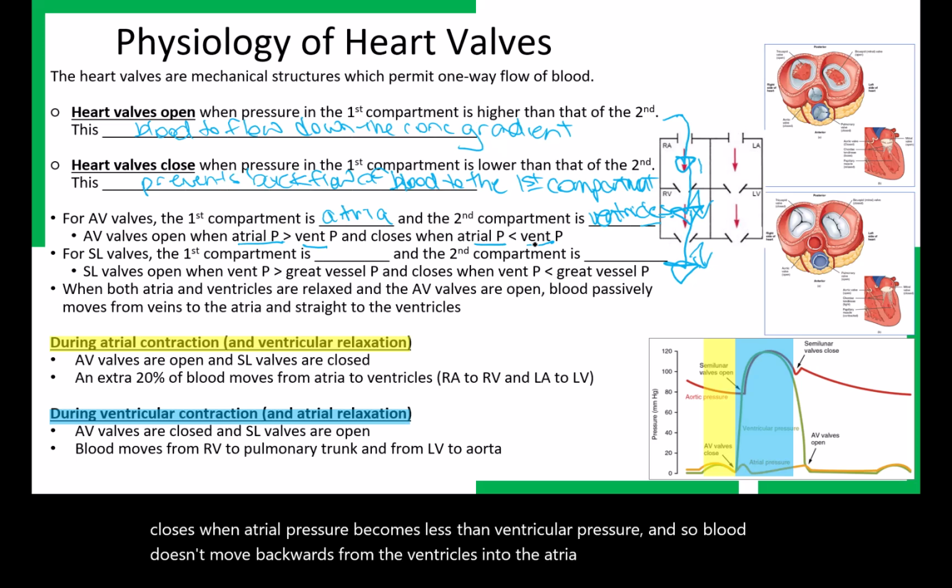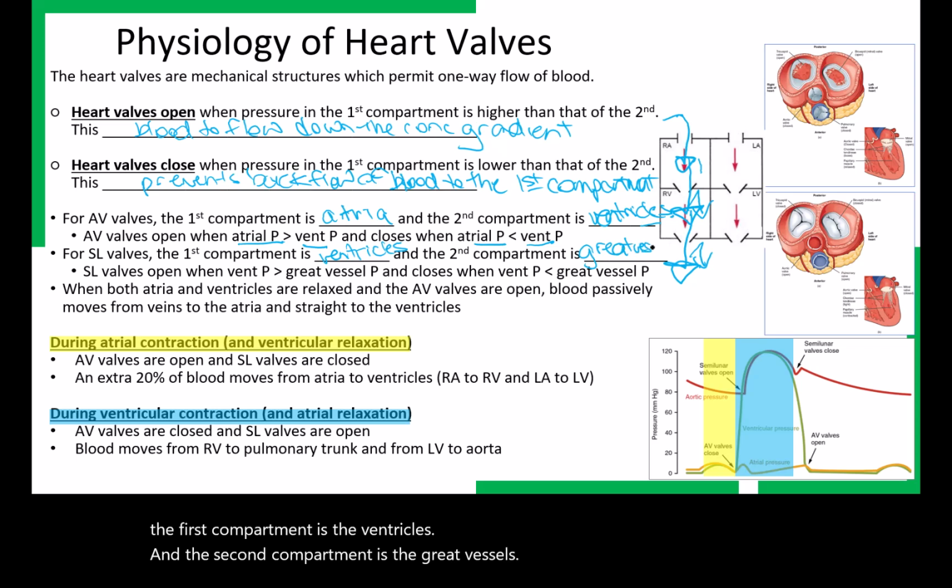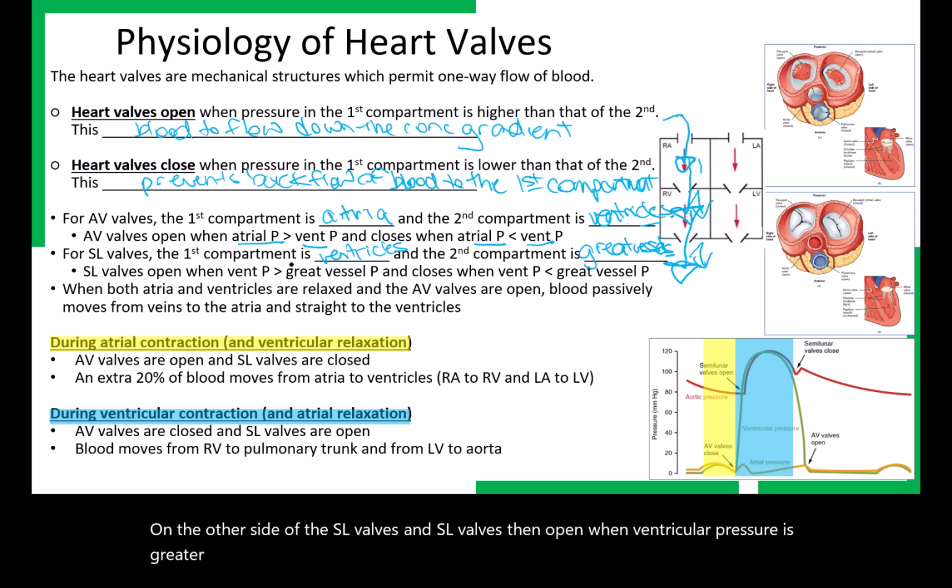For the semilunar valves, the first compartment is the ventricles, and the second compartment is the great vessels on the other side of the SL valves. And SL valves open when ventricular pressure is greater than the pressure in the great vessels to actually push blood from the ventricles out into the great vessels.